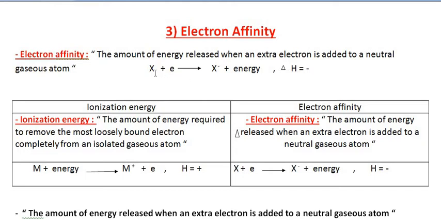This equation represents a neutral element to which an extra electron is added. This electron does not belong to this atom. It's an extra electron from an outside source. This is a neutral atom and this electron is added to this atom.